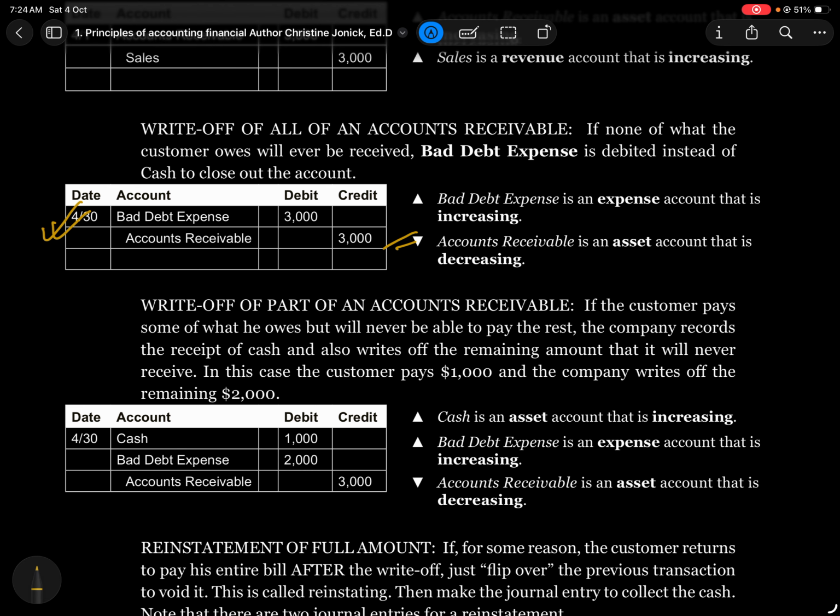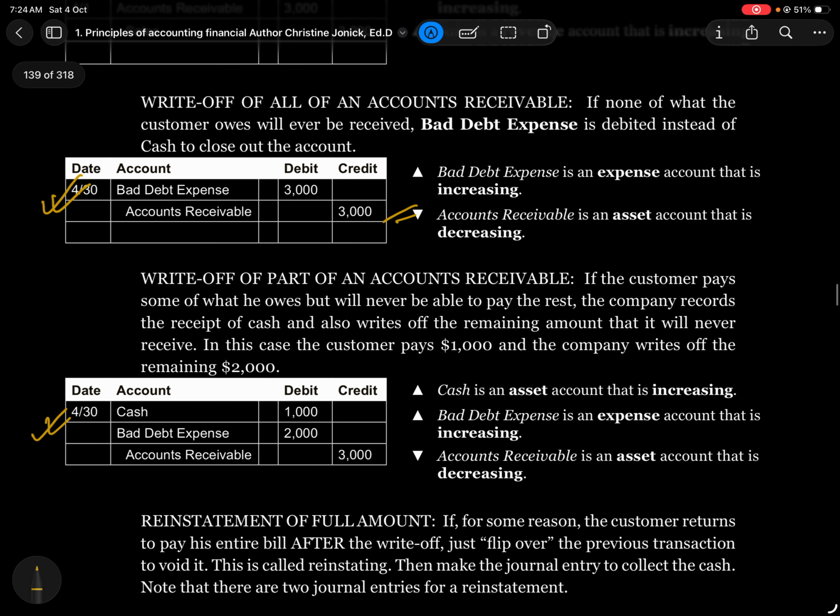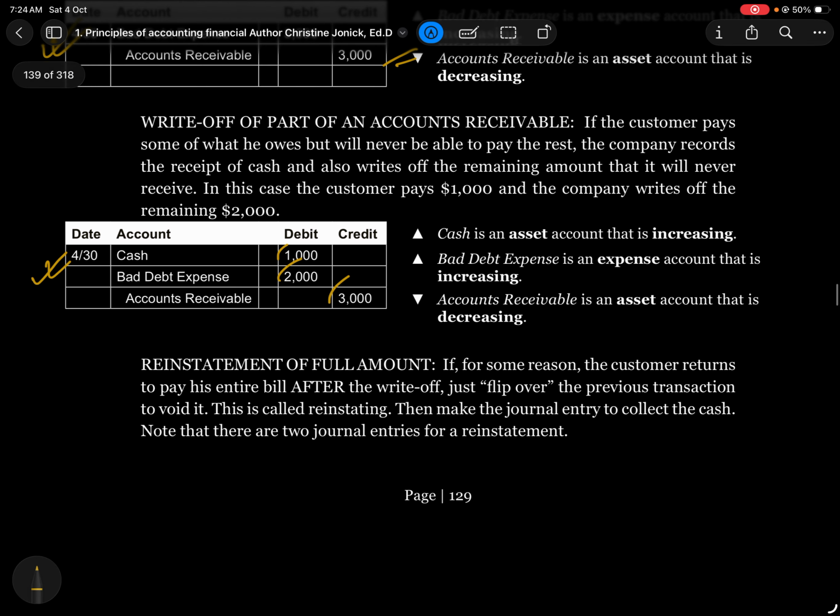But if the company is able to recover some of the cash, we debit cash, and whatever is remaining we put in bad debt, and then we clear out the accounts receivable by the amount.